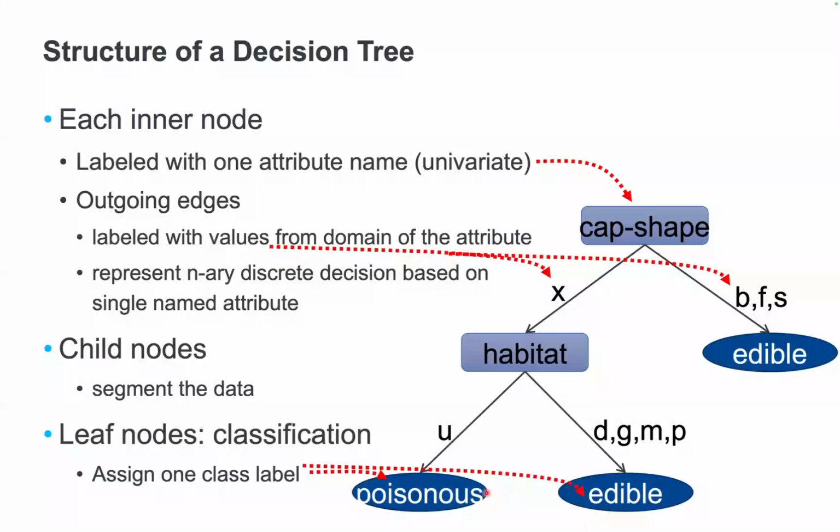So this decision tree has a structure of inner nodes labeled with attribute names, edges labeled with attribute values that correspond to these attribute names, and in the leaf nodes, I have class labels. That's the structure.